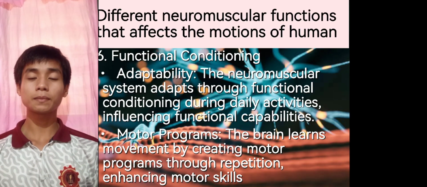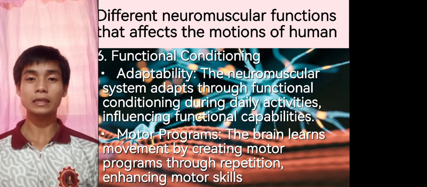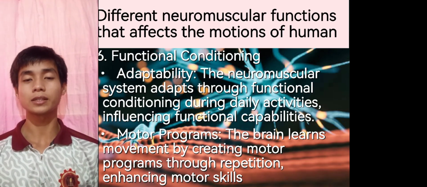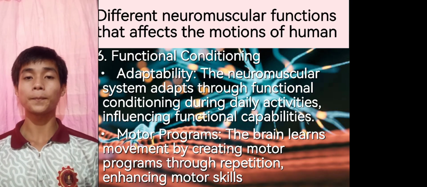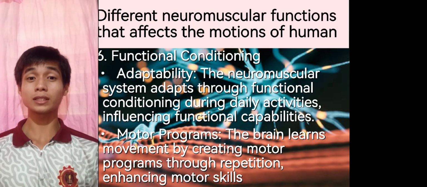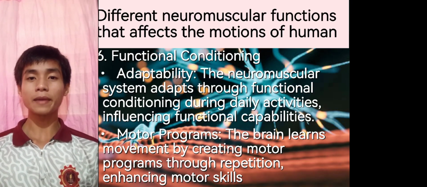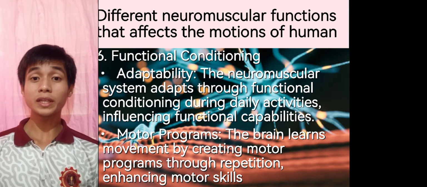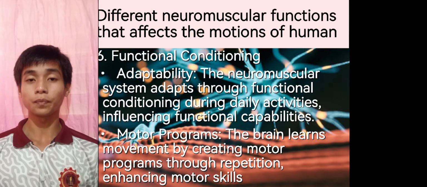Adaptability is our body's ability to adjust to physical demands during daily activities or exercise. For example, when someone starts lifting weights, over time their muscles and nervous system adapt, improving strength and coordination.